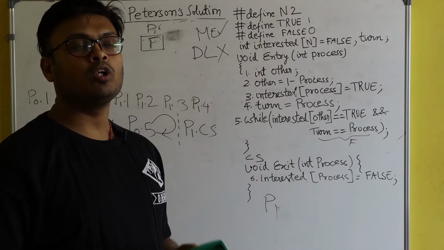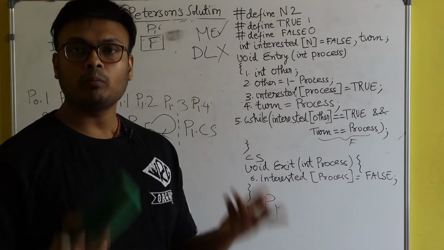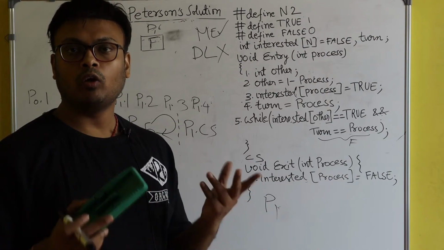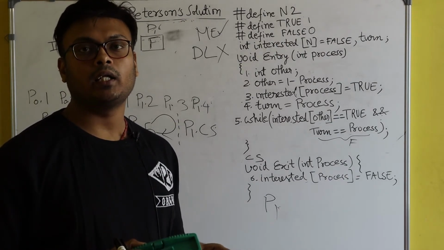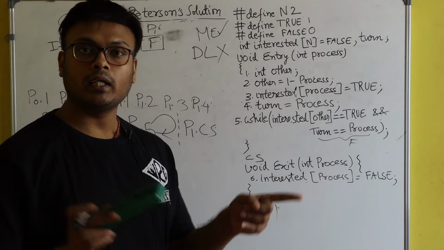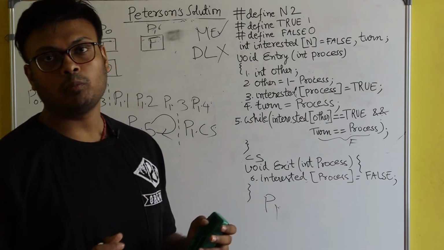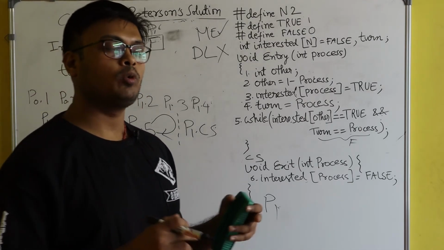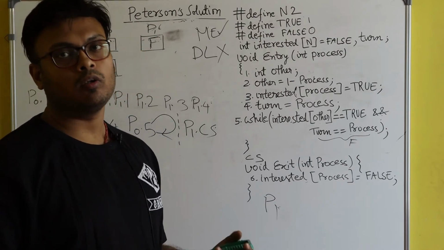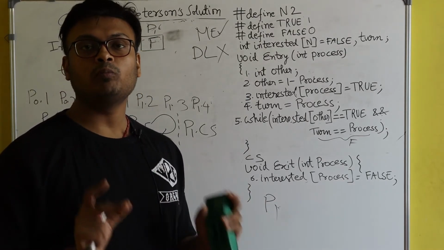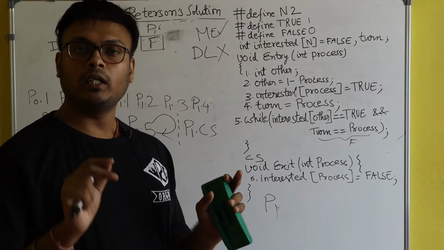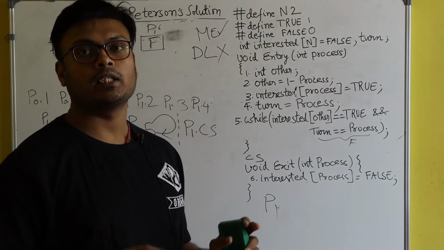And moreover, we have also seen one condition: when both the processes are interested, one process could still enter inside the critical section. Unlike the case of the interested variable, where when both the processes were interested, deadlock was there. But here, even when both the processes were interested, one process could enter inside the critical section. Which process?